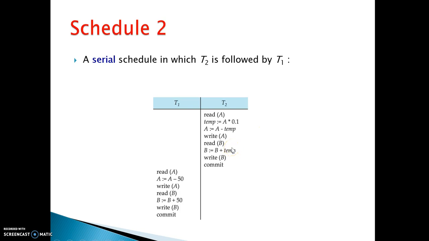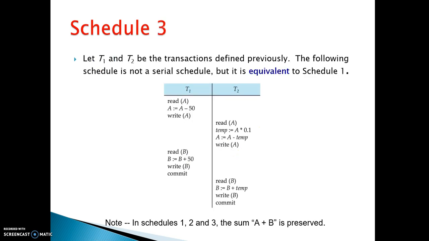Now look at schedule 3. Here, T1 and T2, defined previously, are not in a serial schedule, but it is equivalent to schedule 1. In transaction T1, the first three instructions are executed, then it switches to T2, where the first 3 or 4 instructions are executed, and then it switches back to T1.